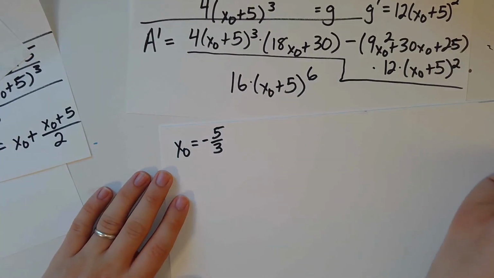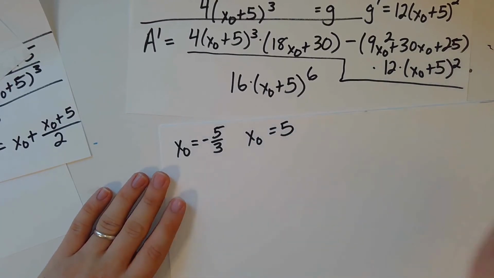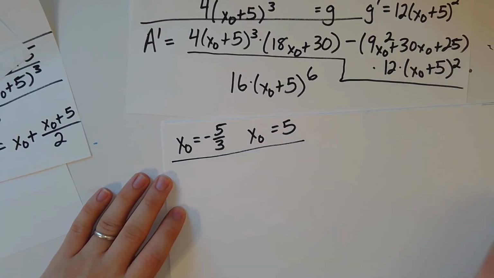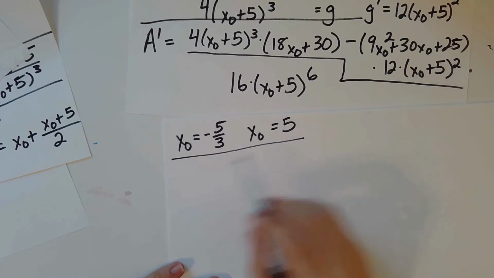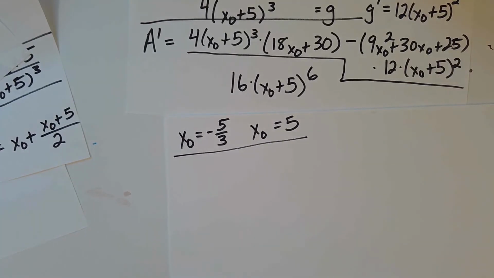And what is this area if x naught is 5? Okay, so let's figure out these two. And then whichever of these two is larger, that's going to be our answer for what is the largest area that this triangle can have.